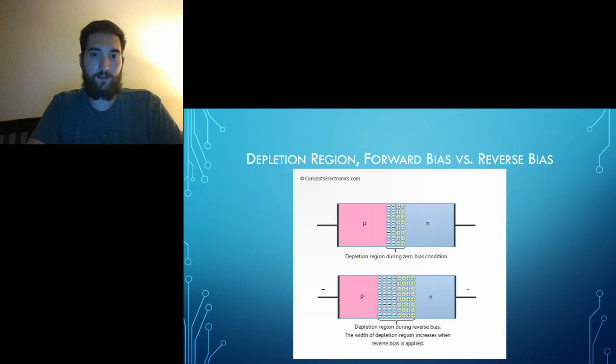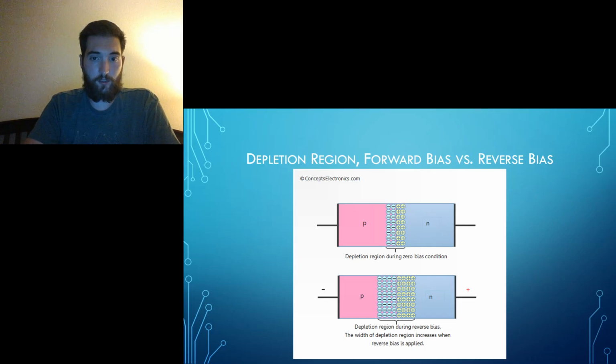There's a depletion region between the 2 sides, and as an electric field is applied from one side, so on the top image you have the electric field going from left to right, that will decrease the depletion region, which means that the diode will allow current to flow from left to right.